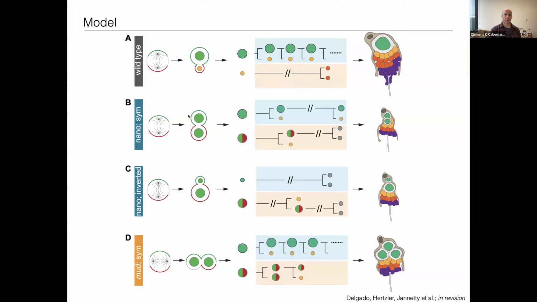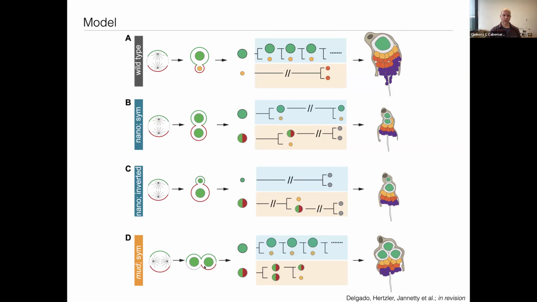Now, if we force these neural stem cells to divide symmetrically or asymmetrically along this normal polarity axis, we still see that one sibling is inheriting all the cell fate determinants, and these lineages are correspondingly much, much smaller because they either don't have the necessary volume or inherited some of these cell differentiation markers that drives them into differentiation.